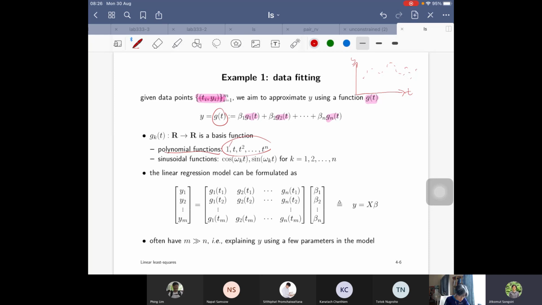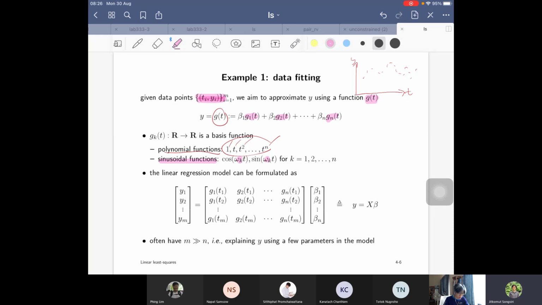That's why the functions 1, t, t squared, up to t to the n are called basis functions. You also learn from mathematics that you can use sinusoidal functions at different frequencies as basis functions as well. The concept of Fourier series.